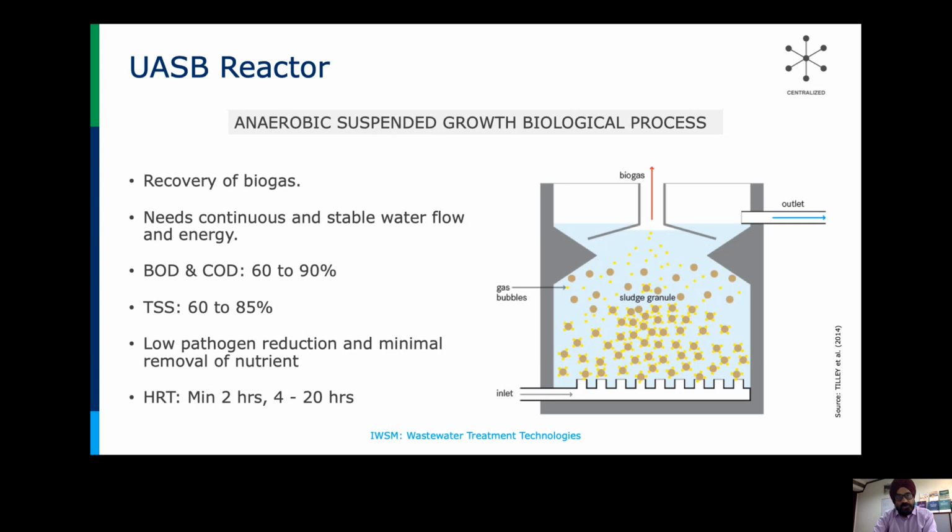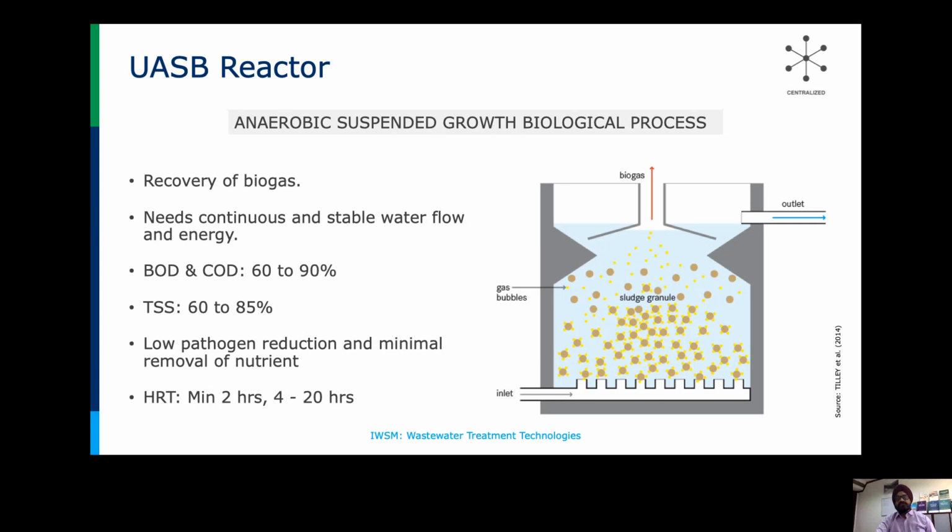The upflow anaerobic sludge blanket reactor, UASBR, is also an anaerobic suspended growth one. The only difference is that unlike the previous one, here the inlet of the sludge is from below, and through pressure the sludge is made to go up, and in the digestion which happens in this process, the gases which are released are collected in a tank.